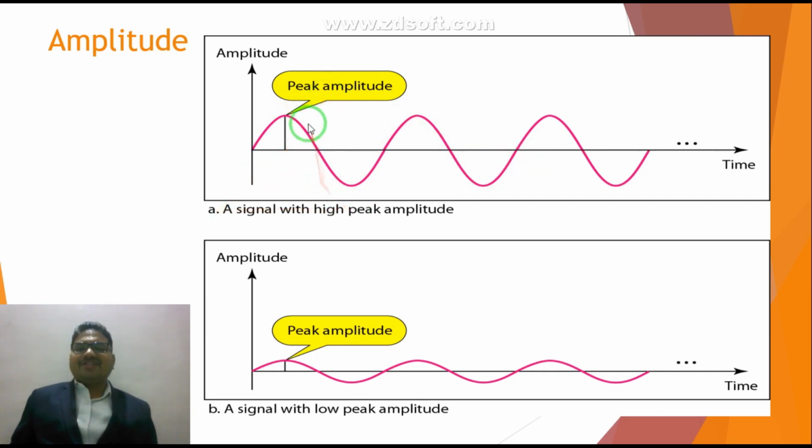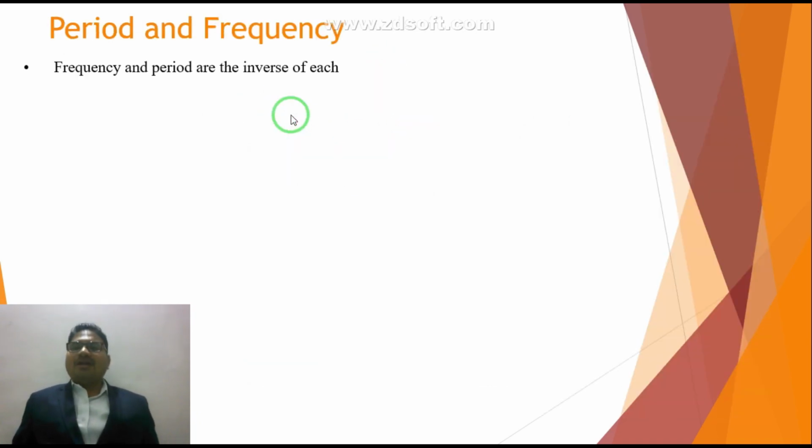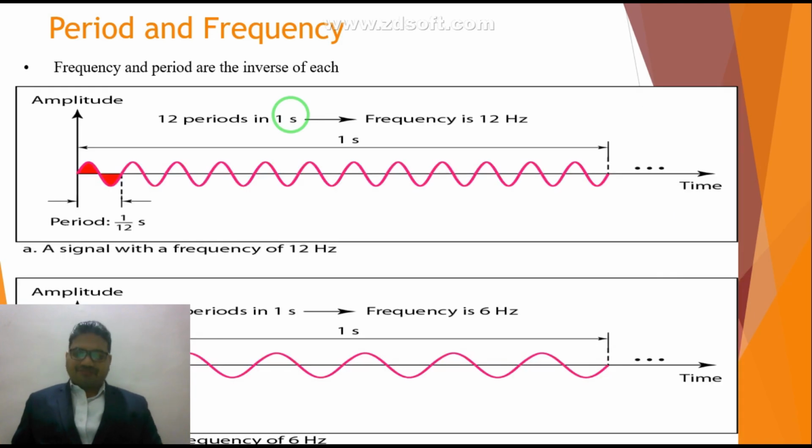This is a signal which has a high peak amplitude, and this is a signal which has a low peak amplitude. So amplitude varies depending on the signal. Now, period. Basically, period and frequency are inverse of each other.